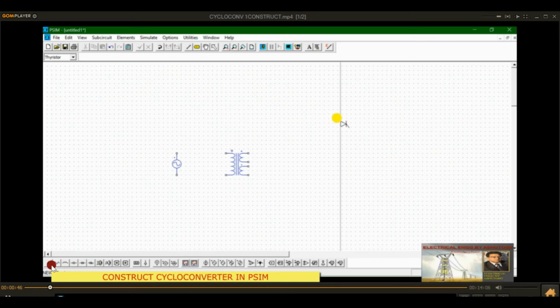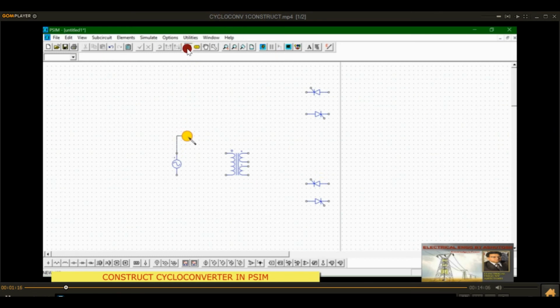Select from here, the components are there. You can see these are the components highlighted here. You can select components from here, pick the component and just drop it in the wizard, and then you can construct the circuit as you want.